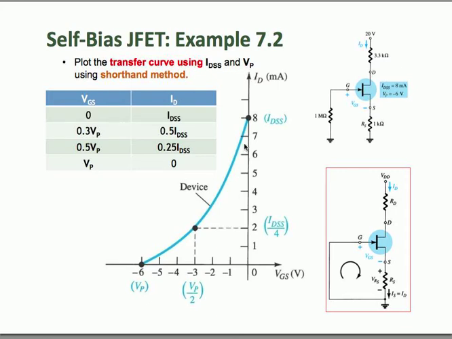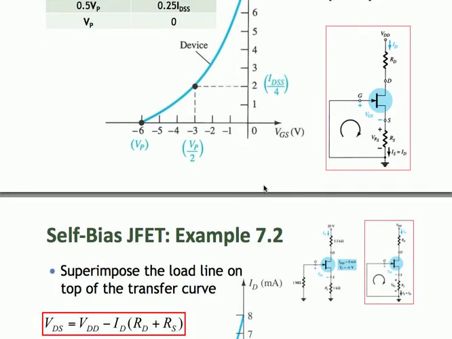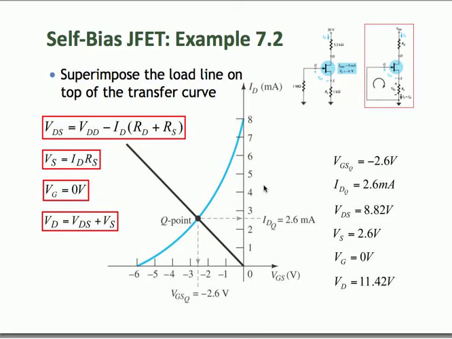Finally you superimpose both of the curves together, and the intersection between the two curves gives you your Q point. From the Q point you can read out the VGS at the Q point and the value of ID, the drain current at the Q point. Using these values you can solve for VDS and other parameters which you are interested in.